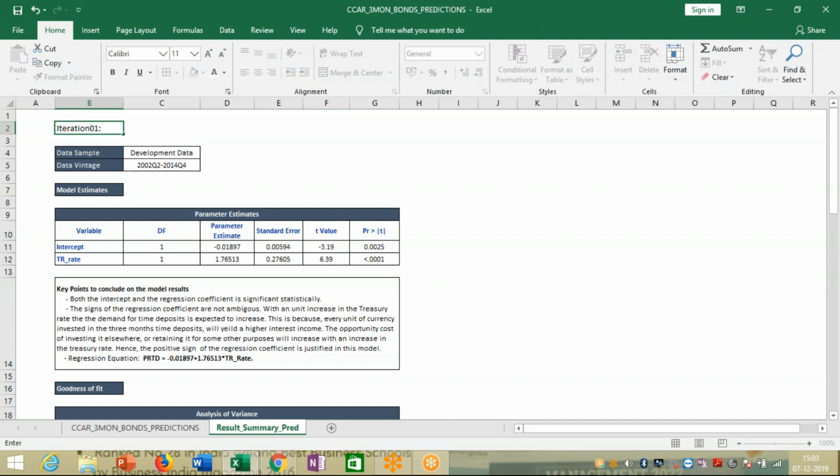So this is your iteration 01. Now when I talk about this iteration 01, what do you see over here?